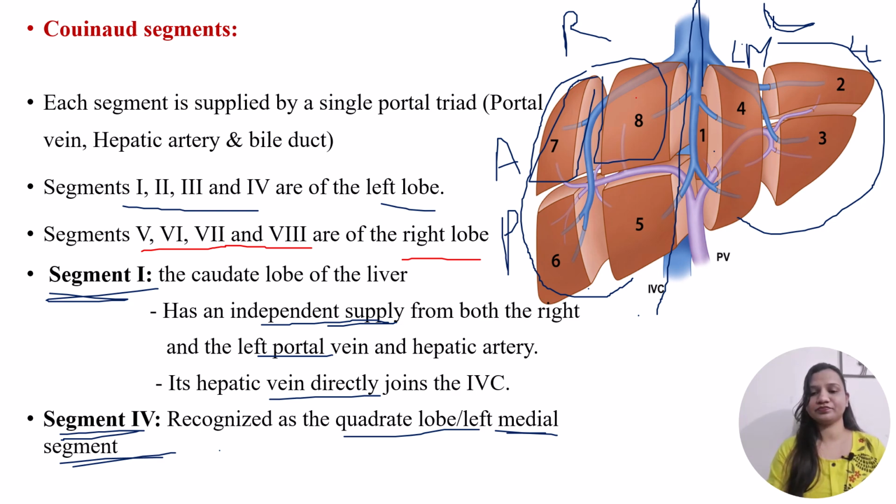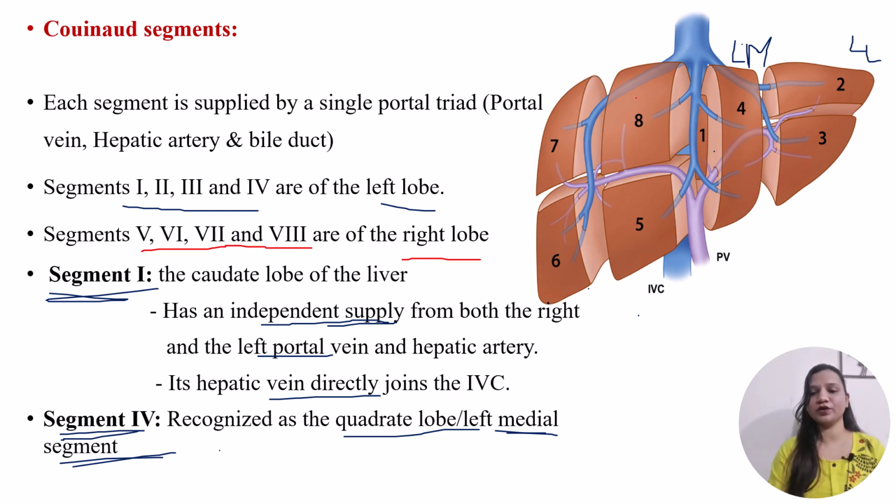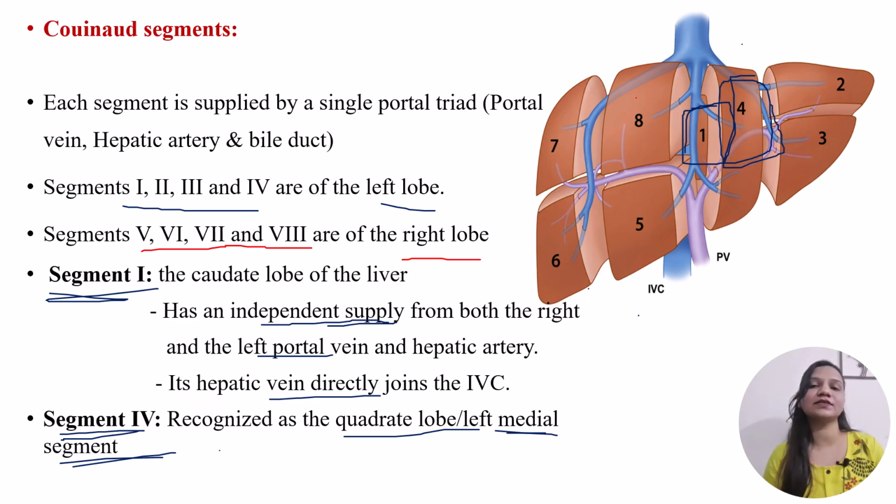But the important point to keep in mind is regarding segment 1, which is present on the left lobe but has an independent blood supply. It gets supply from both branches, and it is the caudate lobe of the liver. And segment 4 is recognized as the quadrate lobe of the liver.